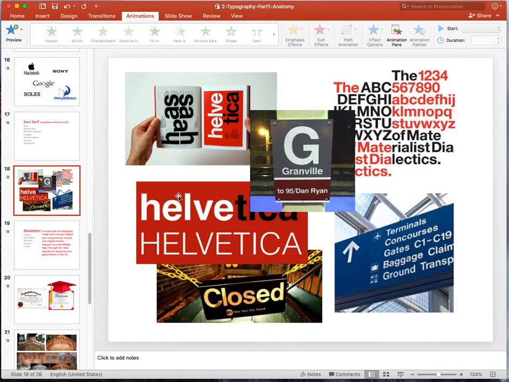And good old Helvetica. Helvetica is used everywhere. I might have mentioned in one of my other lectures that it's basically used in all international terminals in the world. Can you imagine your font being used in all the international terminals in the world? That's pretty incredible. And I'll explain later on why. There's a reason for it.